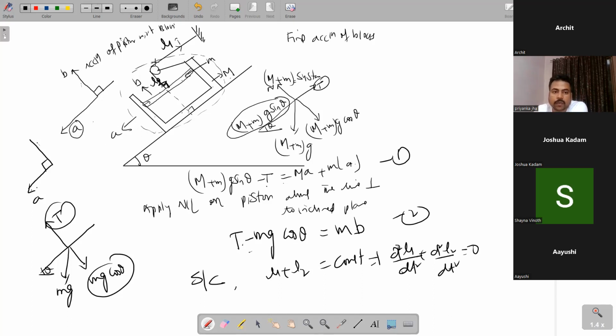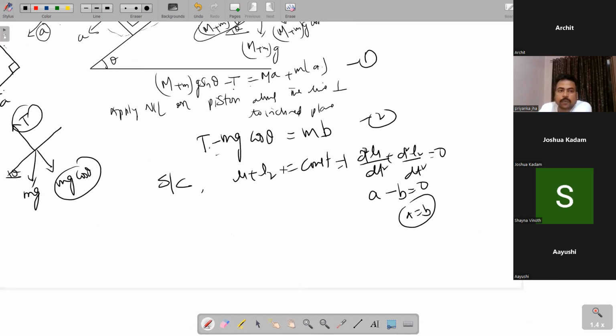Of course, this pulley will come down, so this length will increase. So the rate of change of L1 will be positive. And who is responsible for this? This block only. So this is A. And this part, if this is increasing, of course this piston will go up. So this part will decrease. Who is responsible for that? The right side is equal to 0, differentiation of a constant. And this length will decrease. And who is responsible for that? That is B. So that is minus B equal to 0. So A is equal to B.